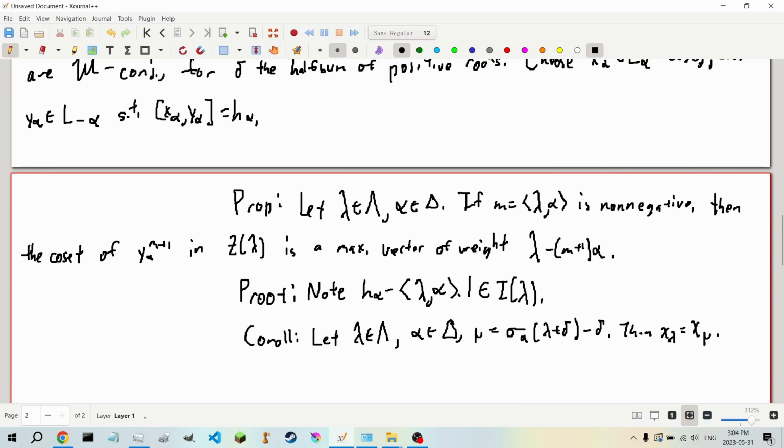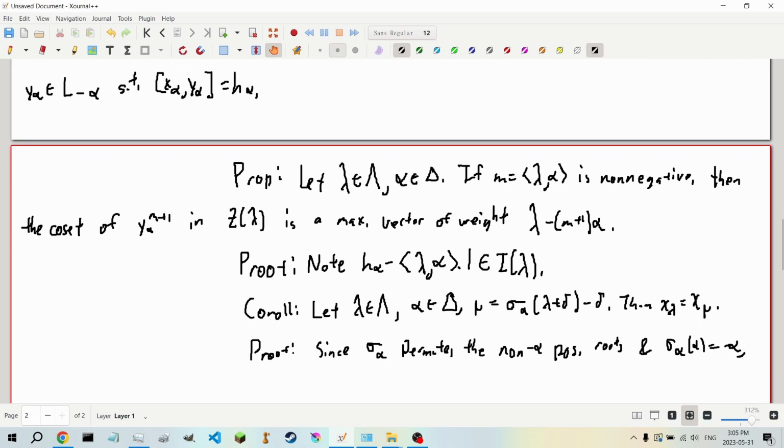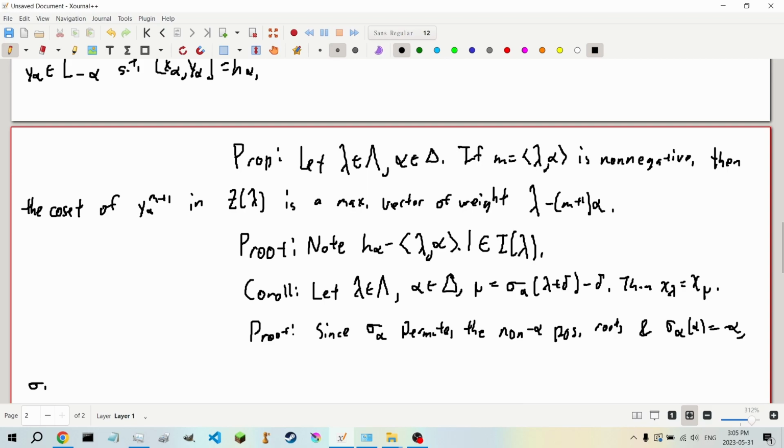Proof. Since sigma alpha permutes the non-alpha positive roots, and sigma alpha of alpha is negative alpha, sigma alpha of delta minus delta is negative alpha.